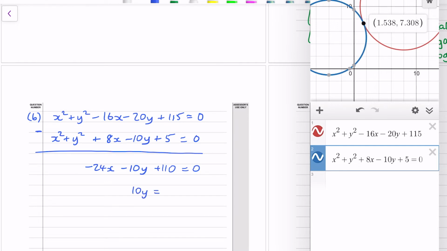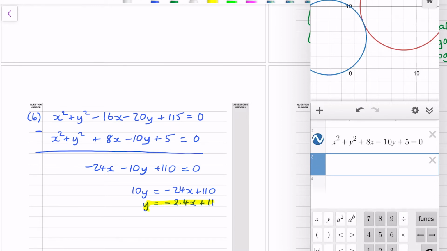We can rearrange this equation. Okay, and the question is, what does this equation here mean in the terms of the problem? If I graph that, it's the equation of a line.